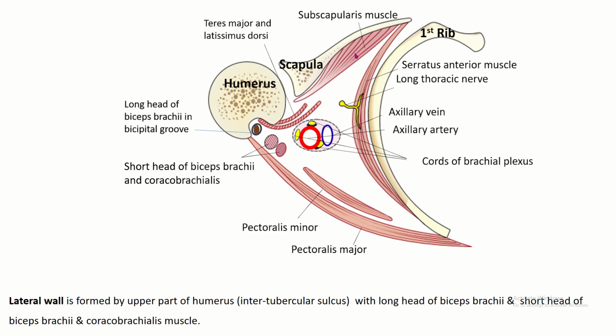The posterior wall is formed by the subscapularis, teres major, and latissimus dorsi, which is attached in the floor of the bicipital groove, and teres major, which is attached in the posterior lip of the bicipital groove. This is pectoralis major. This is pectoralis minor.